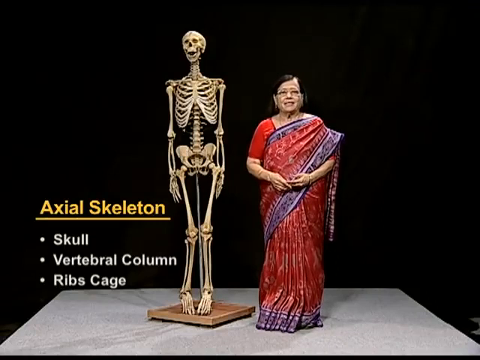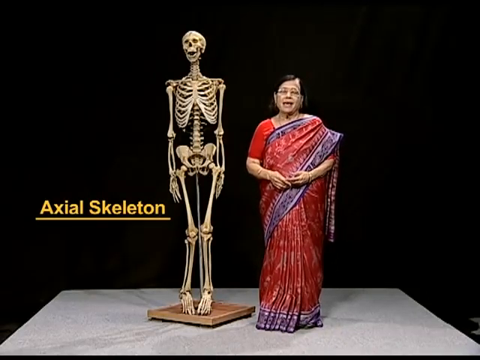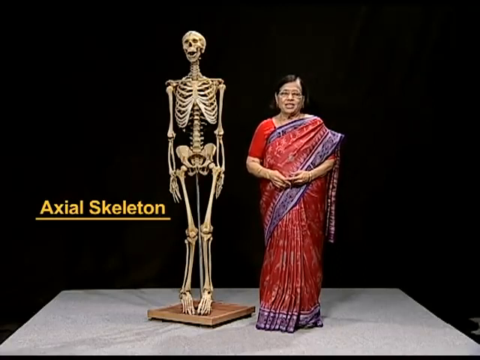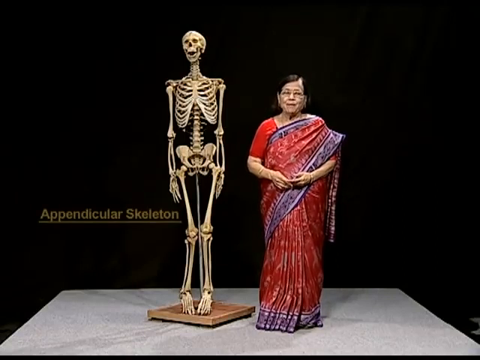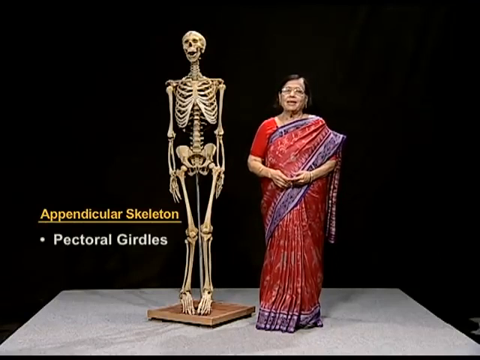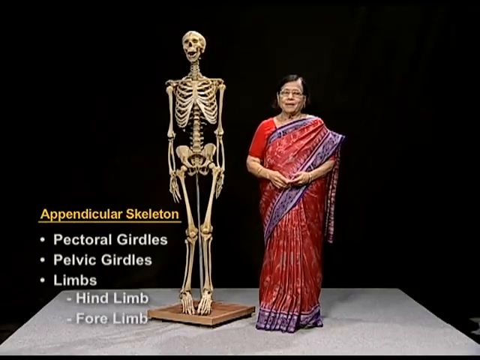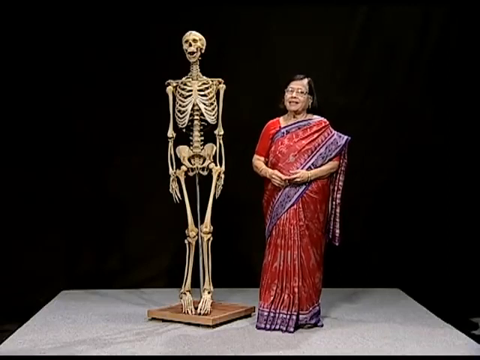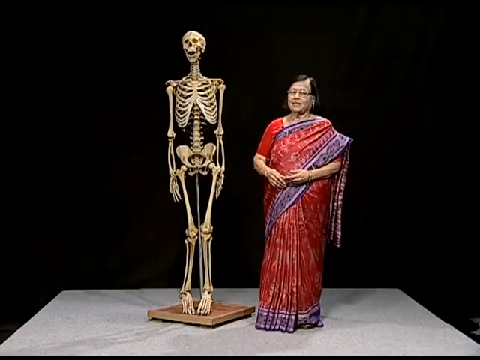As the name indicates, axial means axis; it makes the axis of the body, and that is our head, our chest and the vertebral column. The other division is the appendicular skeleton, which includes the pectoral girdle, pelvic girdle, hind limb and forelimb. Let me start explaining the bones in this skeleton, starting with the head, which is part of the axial skeleton.